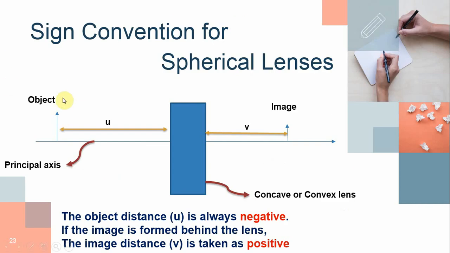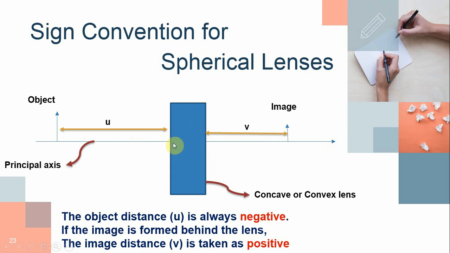First one, if the object is placed above the principal axis and on the left side of the lens, and the image is formed on the right side, the distance between the object and optical center is called u. The distance between the optical center and the image is called v.